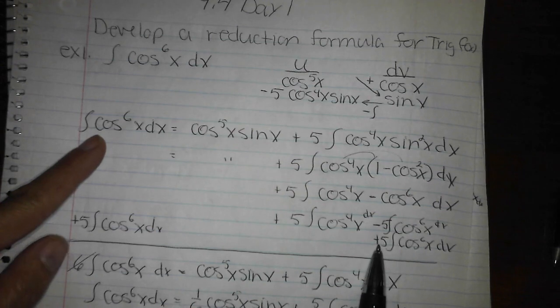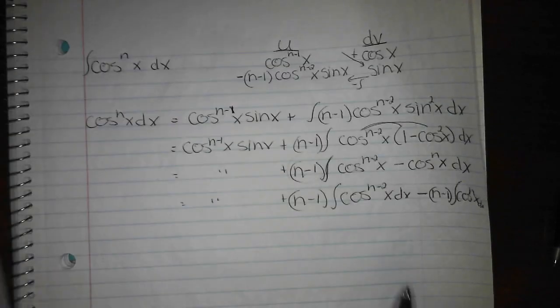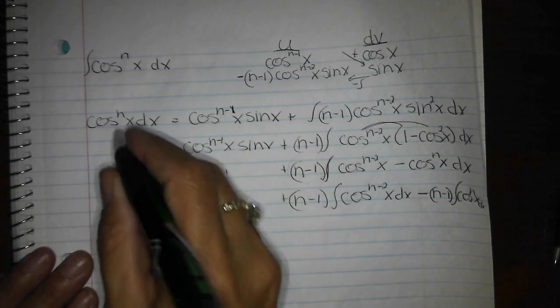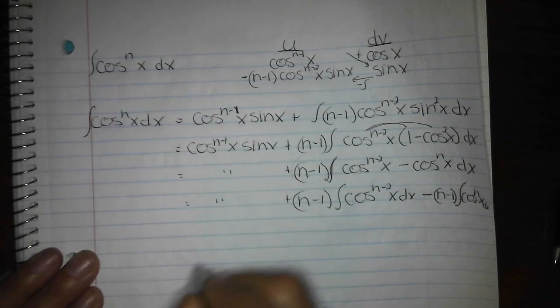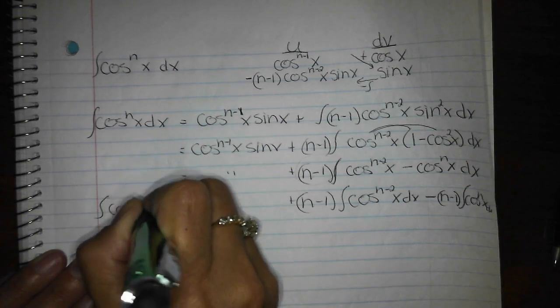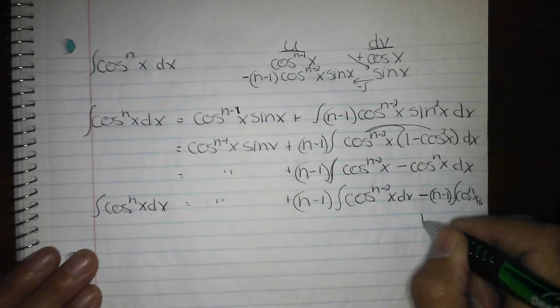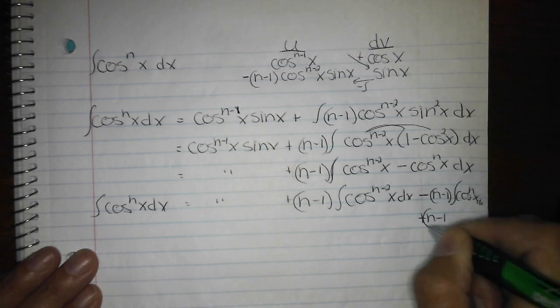So, I just add whatever number's out in front over to both sides. So, I'm going to bring this down. Oh, forgot my integral. So the integral of cosine to the n x dx, just bringing that down. Now I'm going to add n minus 1 of them.